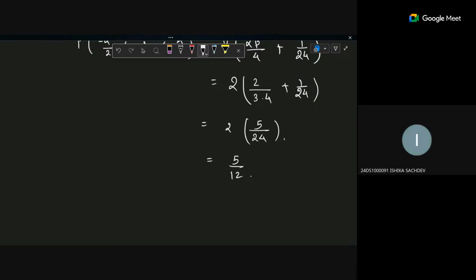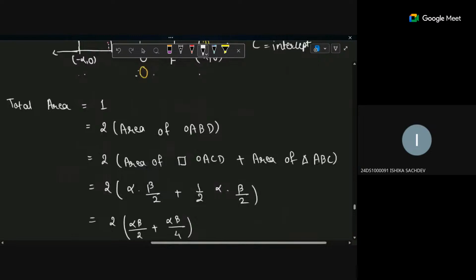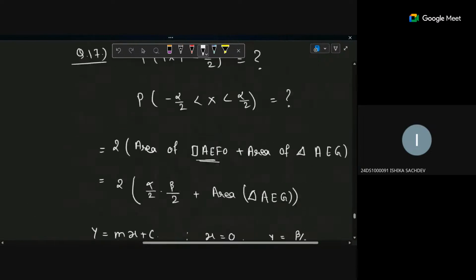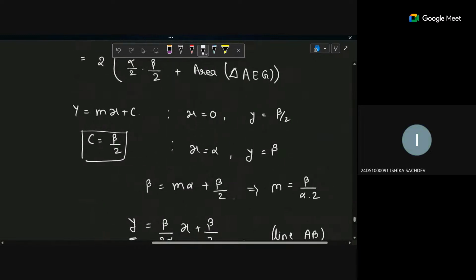Ma'am, can you scroll a bit up towards where you are calculating the area of triangle AEG, the second part? Ma'am, how did you calculate beta by 2?